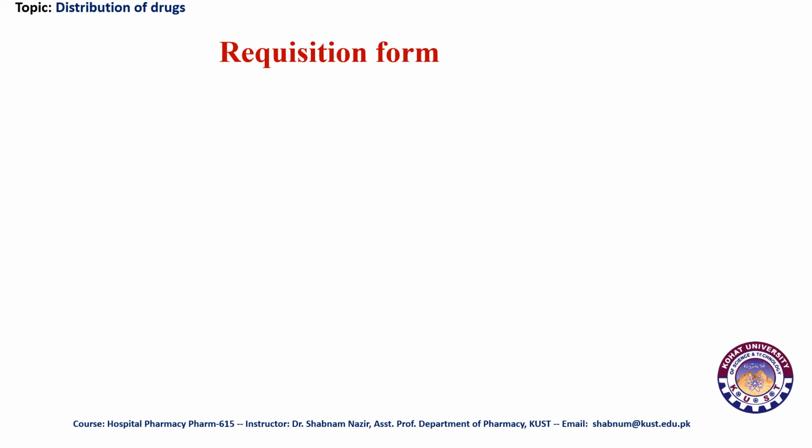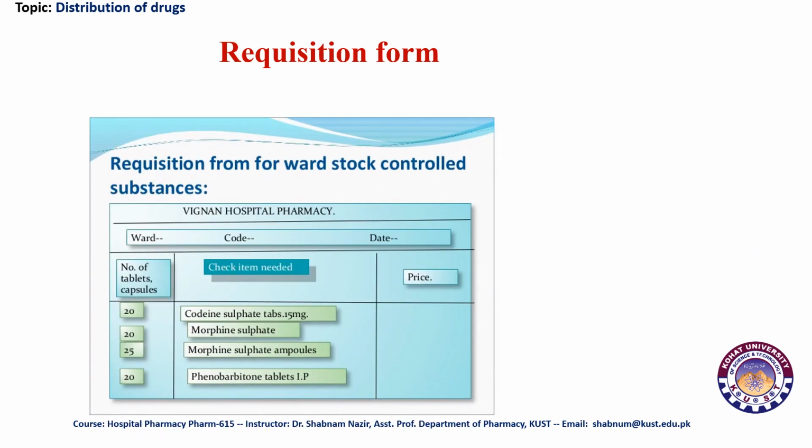Then comes the requisition form. This is a sample requisition form, and these are the important points which should be on it. You can see what detail is usually given, and then the number of tablets, capsules, or whatever unit dosage form you are ordering.